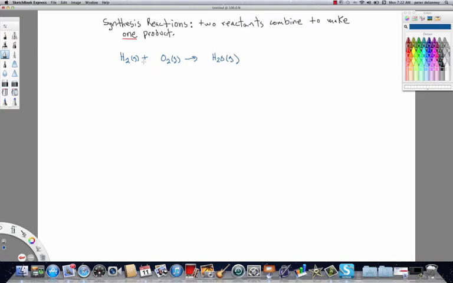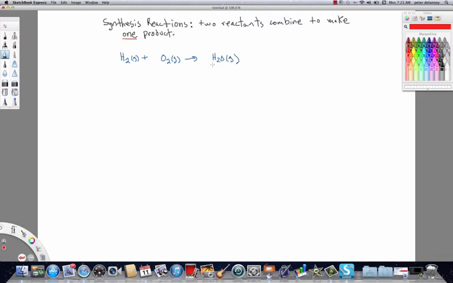Now, you'll notice that the reaction's not balanced because there's 2 oxygens on the left side of the arrow, and there's only 1 oxygen over here. So the law of conservation of mass dictates that when hydrogen reacts with oxygen, we have to produce the same numbers and types of elements on both sides of the arrow.